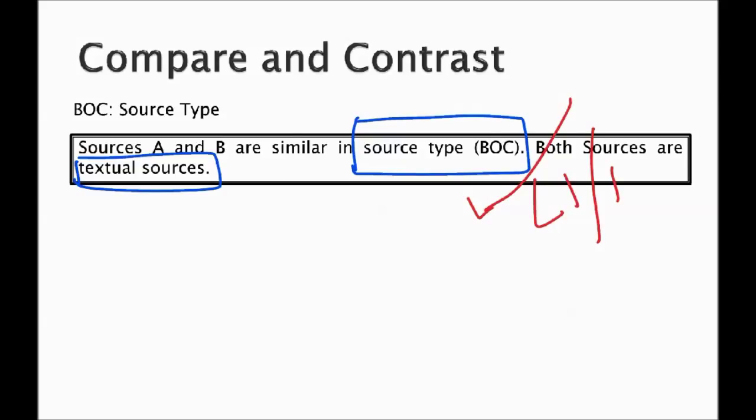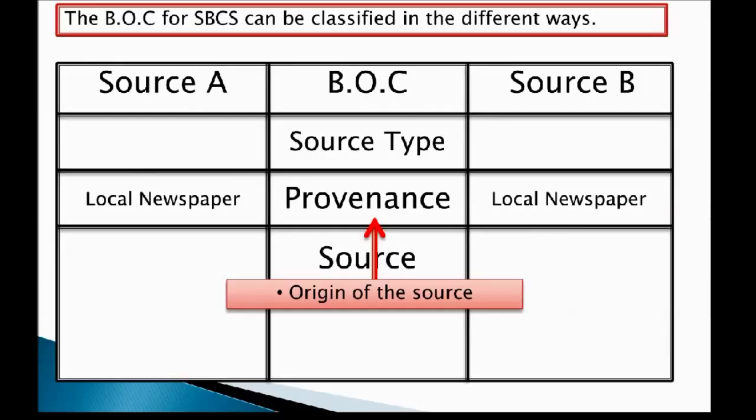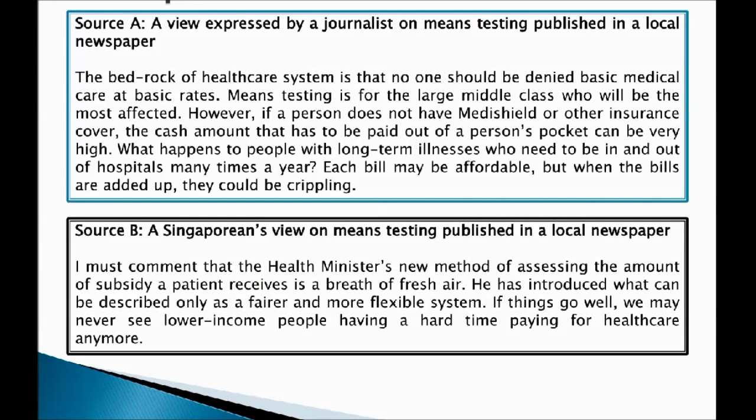What is the next thing that you need to compare? You can compare the provenance. Just now I asked you to think and recall what provenance is. Provenance basically is the origin of the source. Where can you find the provenance? Let us recap, bring you back to the source. Say, this is the source, the provenance is this.